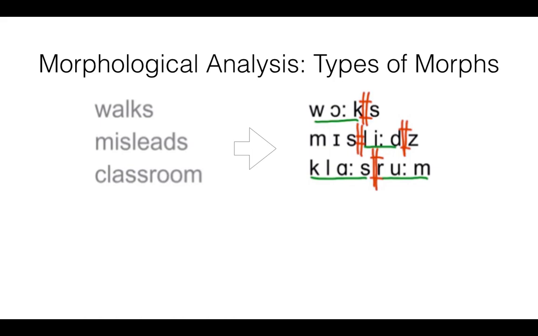Okay? Now, this is how it is phonemically represented. So we have walks, then misleads, and then classroom. And then you can see there some boundaries, because when we are doing morphological analysis, I'm already introducing you here to the formalities of doing it. How do we separate between the morphemes in one word?